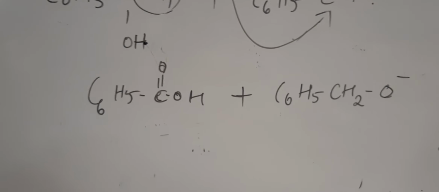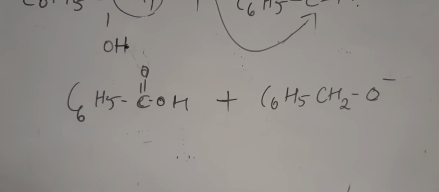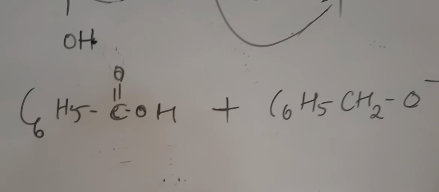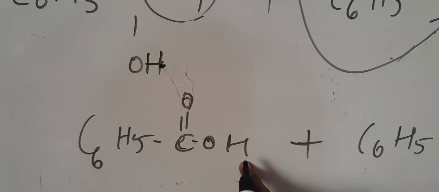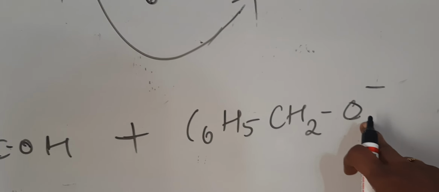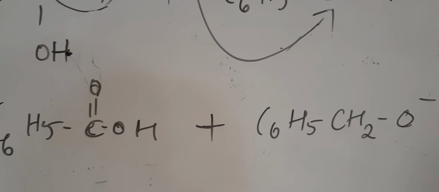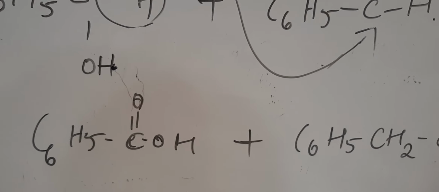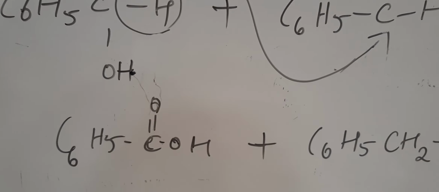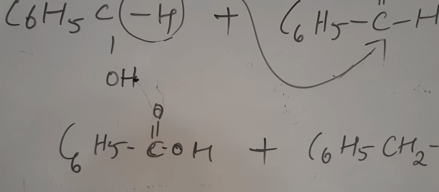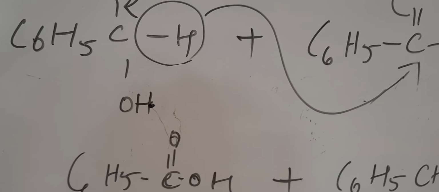So the third step will be exchange of proton. That means this proton will be given to this oxygen, exchange of proton. Alright, and since the reaction occurs in the presence of sodium hydroxide, sodium gets attached over here.